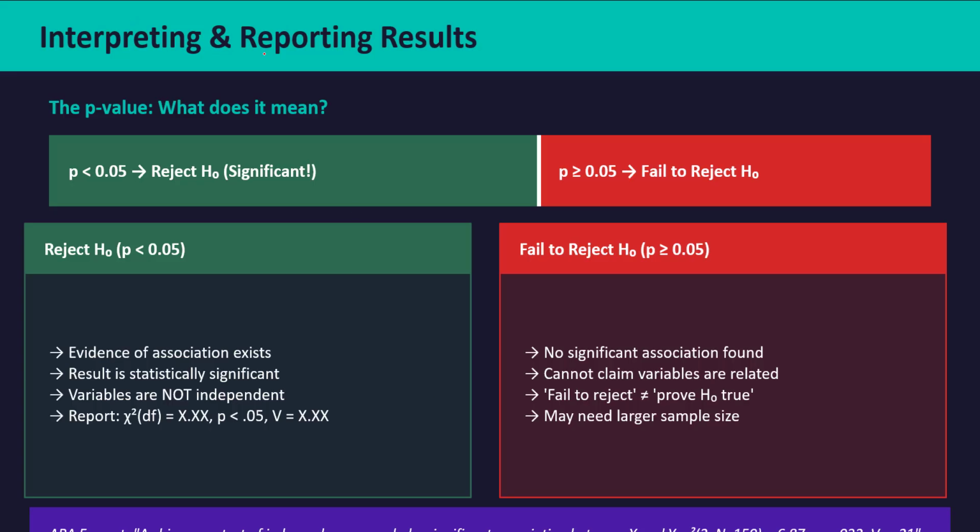So for interpreting and reporting results, if you're using the p-value method, p-value less than 0.05, reject H0. P-value greater than 0.05, fail to reject H0. If you're using the critical value method, if the chi-square statistic is greater than the chi-square critical value, reject H0. If the chi-square statistic is less than the chi-square critical value, then fail to reject H0.